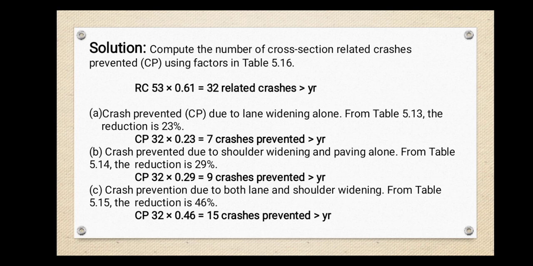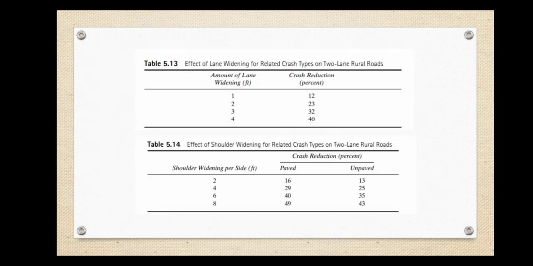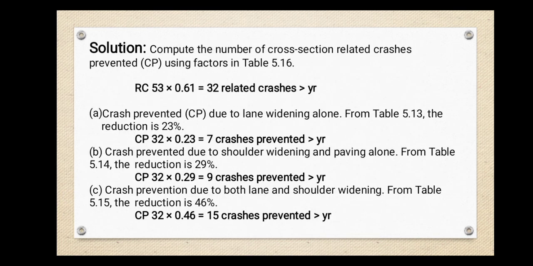So first, compute the number of cross-section related crashes prevented using factors in Table 5.16. A is the crashes prevented due to lane widening alone.